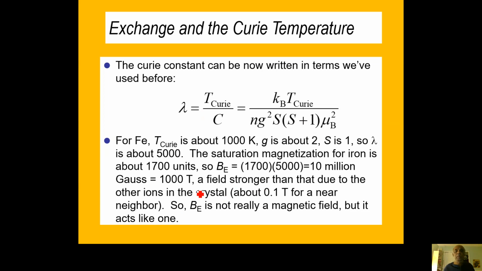So that means this B_E is not really an applied magnetic field, but something like a large magnetic field acting like an external field, but that's not an external field. That's a local field, but you can think of it as an applied field due to these exchange interactions.